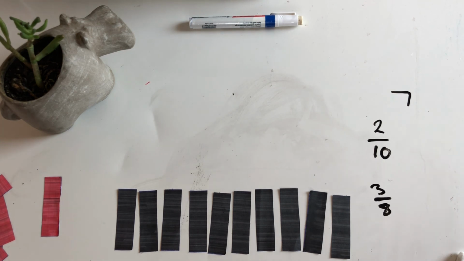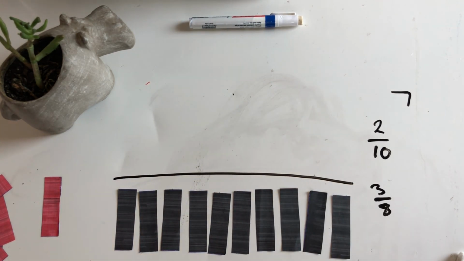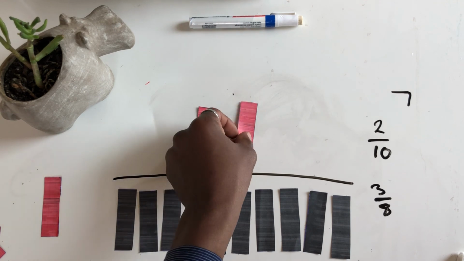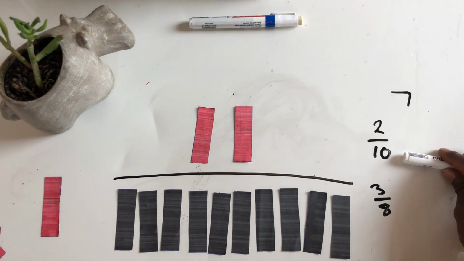Okay? And then the numerator is 2. So 1, 2. Okay, so this fraction is 2 over 10.